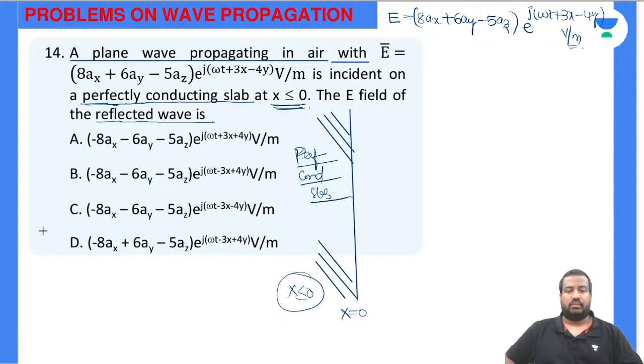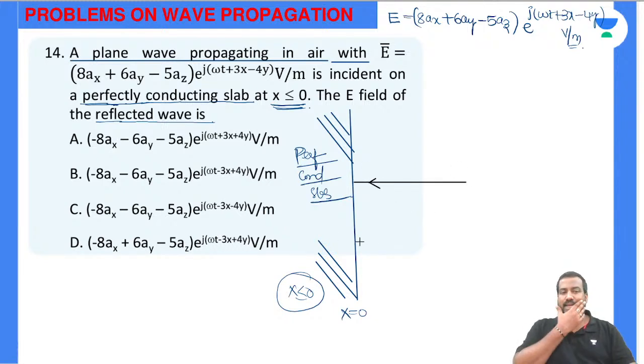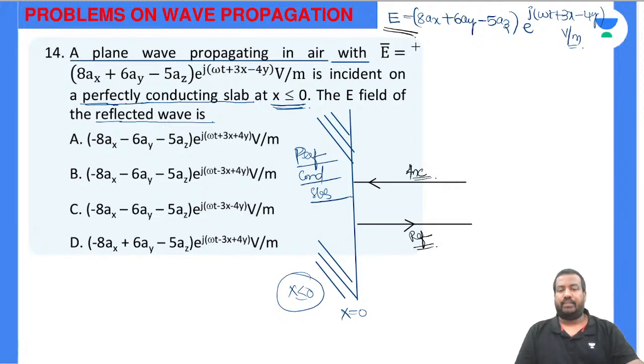This is the incident wave. It is asking to find the reflected wave. Find the reflected electric field. This is the incident electric field, and this is the reflected wave.